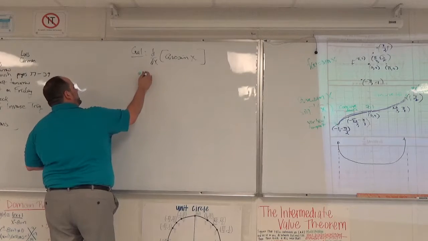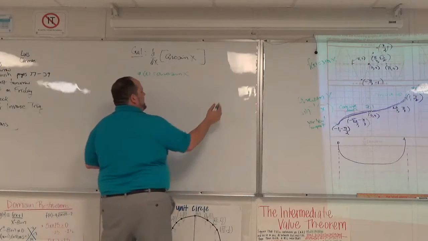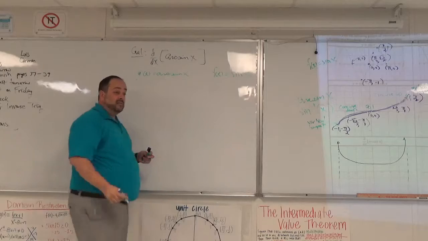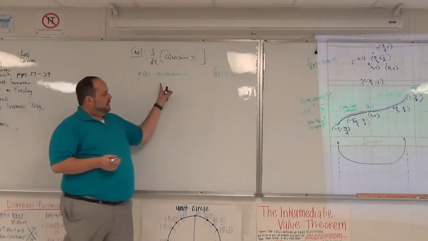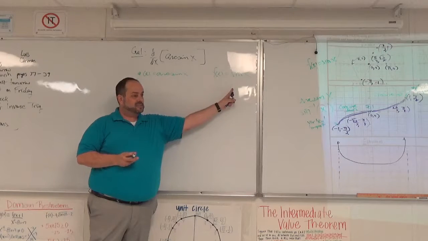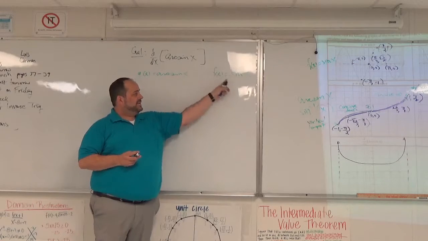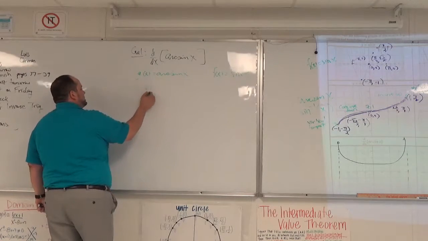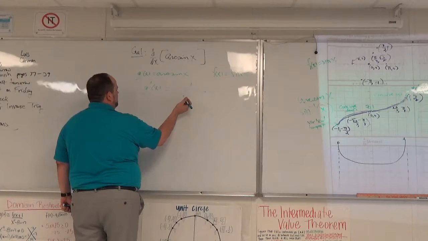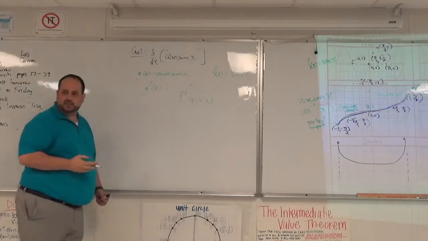I'm going to let g of x be the arc sine of x. And its inverse function, the one that I am familiar with, is sine of x. Are we okay that these two are inverses? Because they're inverses, we have a derivative rule that we get to use here. Because these guys are inverses, we get to say that g prime is 1 over f prime of g of x.